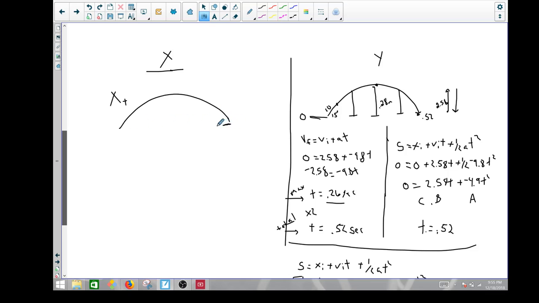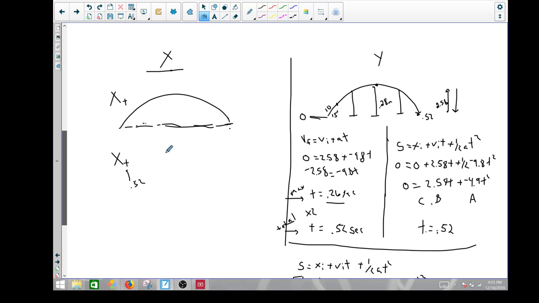This is 99% of the time. How far am I across the horizontal when I hit the ground? Right here. So I just want to know my location in the x direction at time, in this case, 0.52 seconds. The t is 0.52.